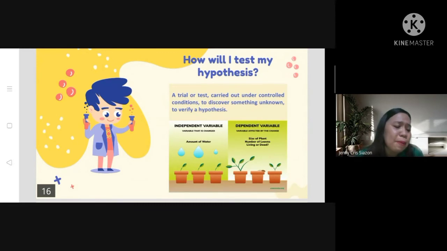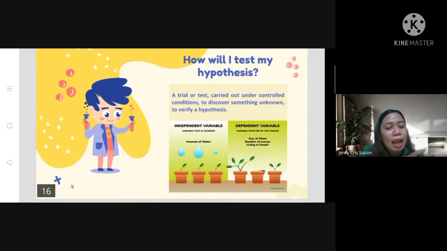Kasi sa experimentation process, ang dami mong iisipin. Ang dami mong pagdadaanan na proseso in the experimental stage. Andyan yung kailangan mong maghanap ng materials. Andyan yung kailangan mong maghanap ng mga equipments na gagamitin mo.